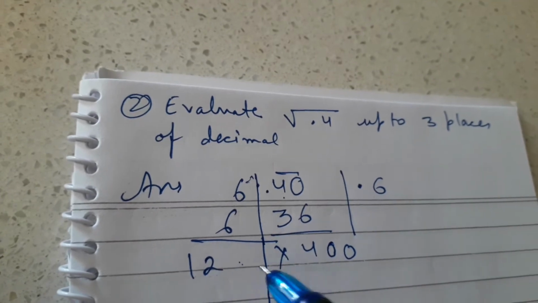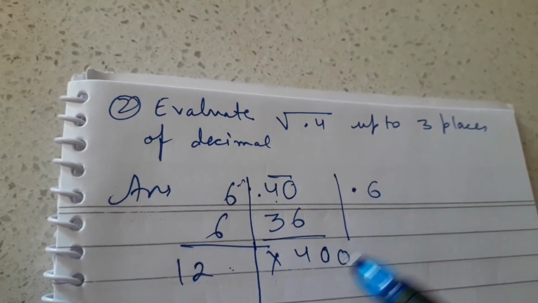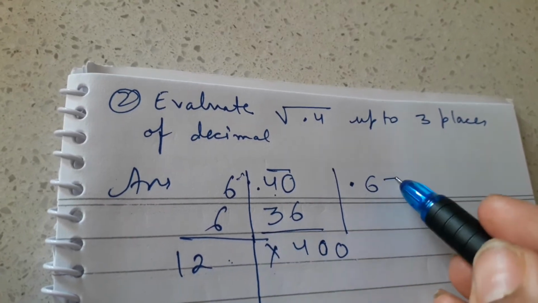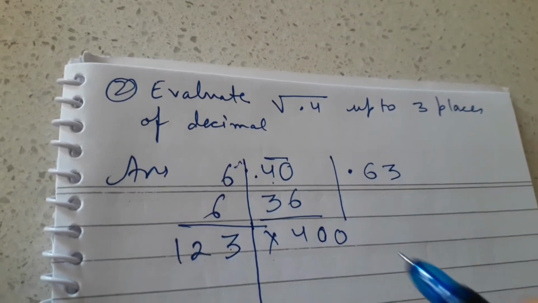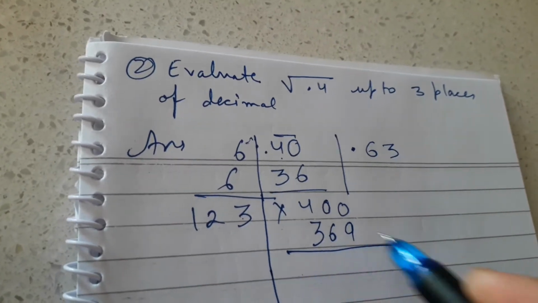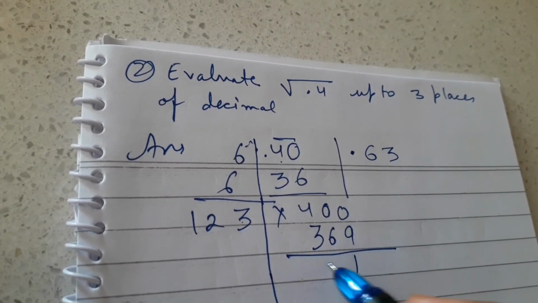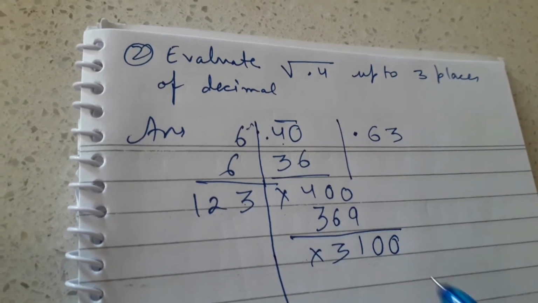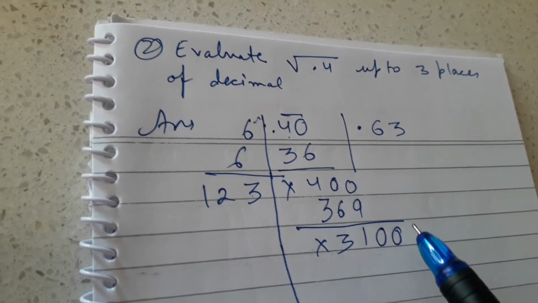Now we have to take the number which is almost near to 400. 1, 2, 3. If we put 3, it's coming 369. With the point we can make it an even number, so 2 zeros we will put.